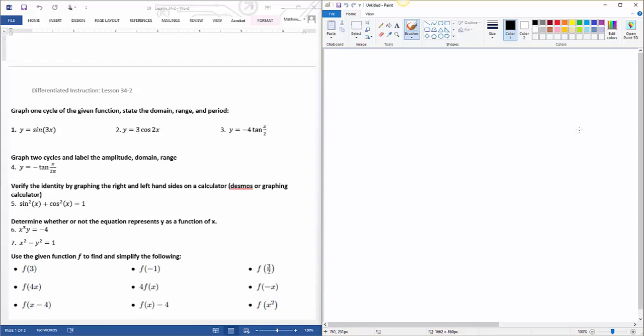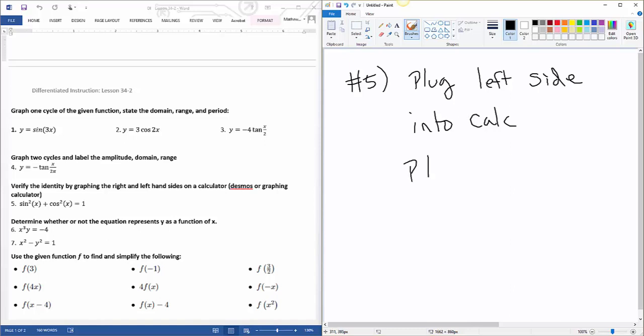So the next one says, verify the identity by graphing the right and the left sides on a calculator using Desmos. What you're going to do here for number 5 is plug the left side in, and then plug the right side in.